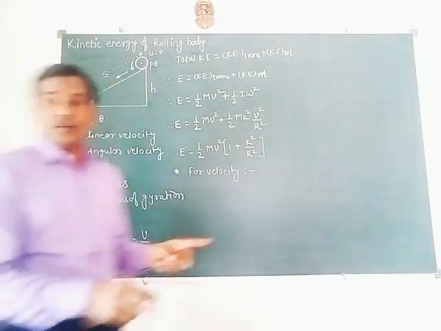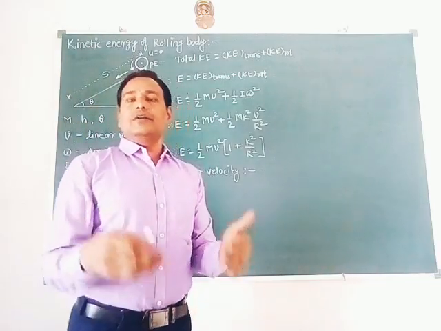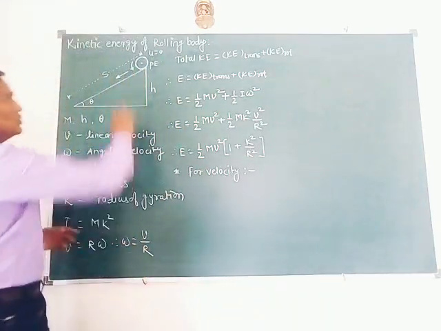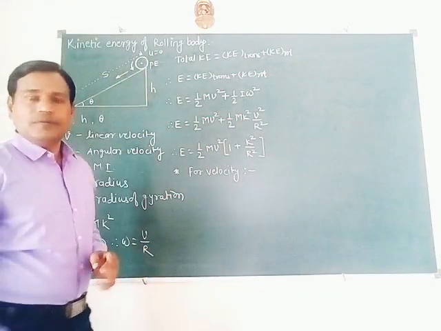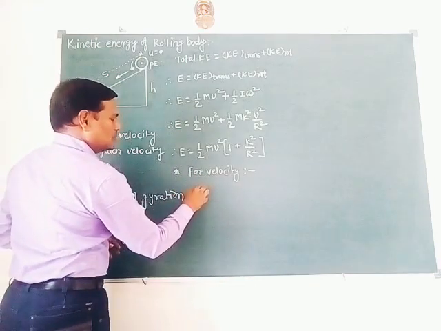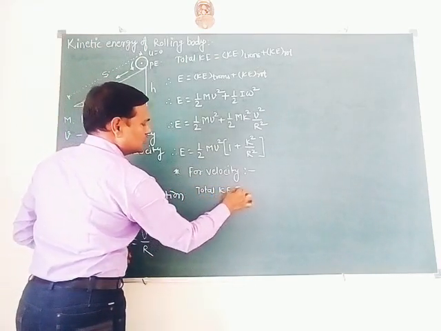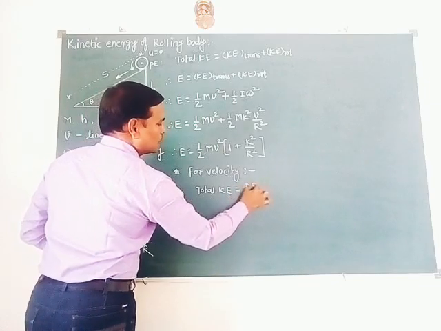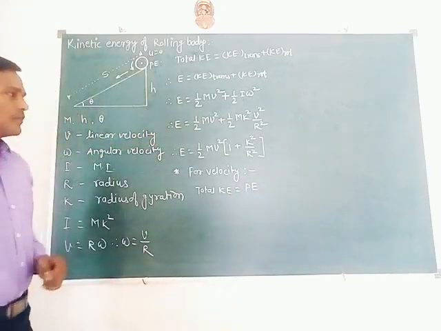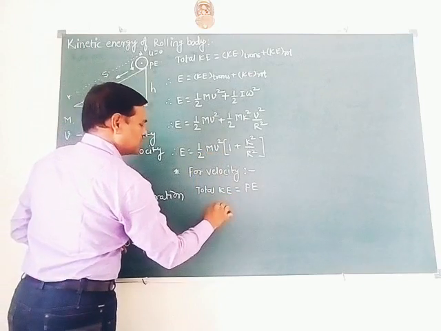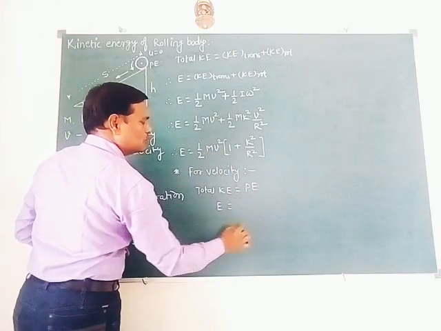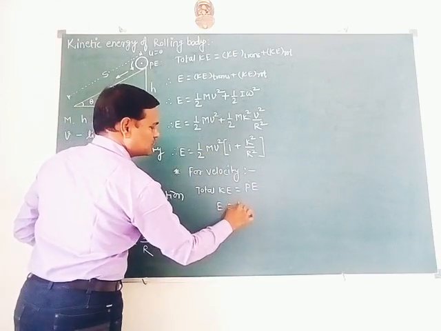But which kinetic energy is that? Kinetic energy of a rolling body. So here we can apply the principle of energy, that is, total kinetic energy equal to potential energy. This total energy capital E is equal to the potential energy, that is PE.